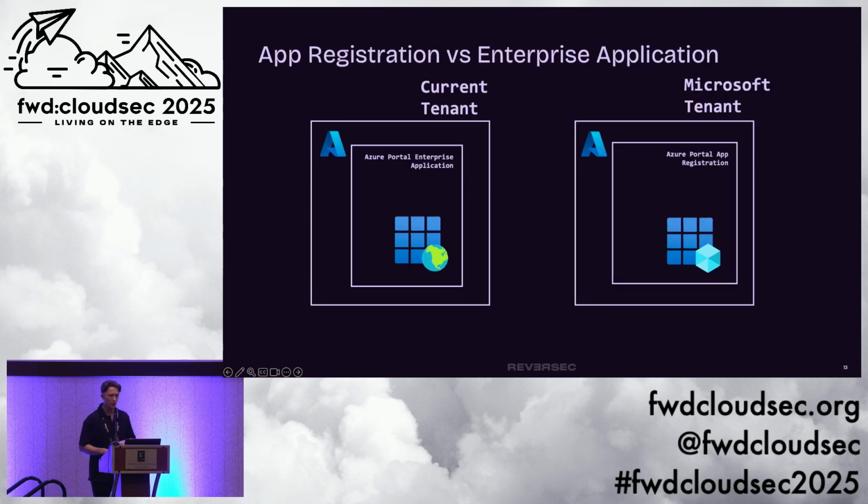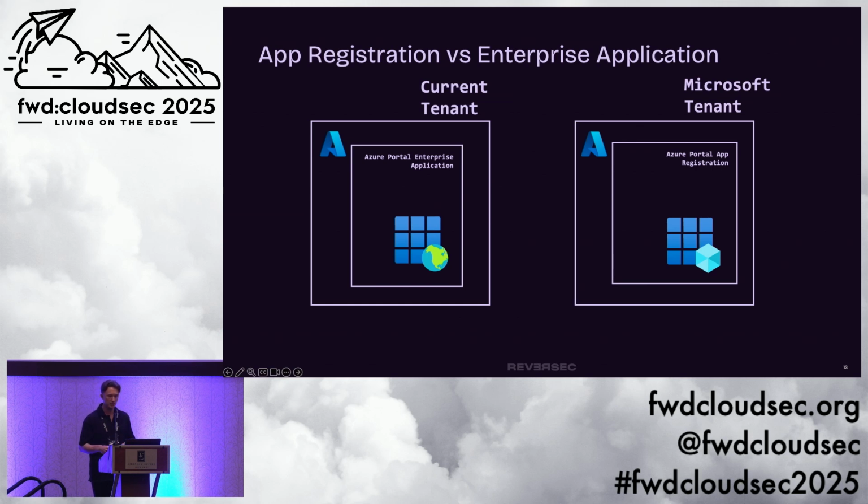So let's have a look at what an application actually is within Azure. There's basically two implementations of an application. You've got an application registration, which is essentially just an object that exists within Entra somewhere, within a tenant, and it describes the application that you've defined.